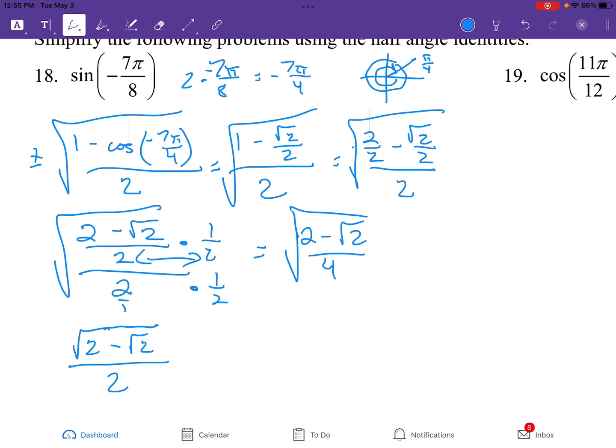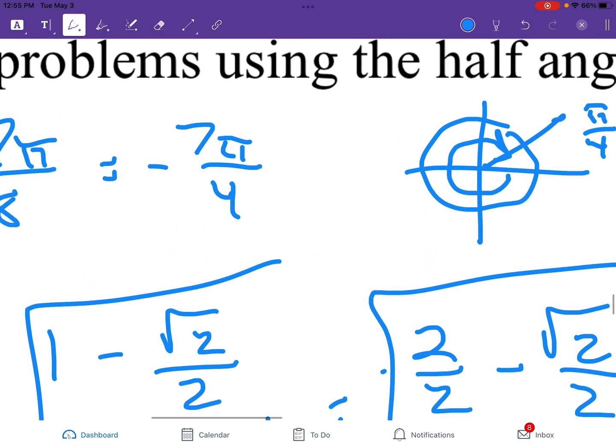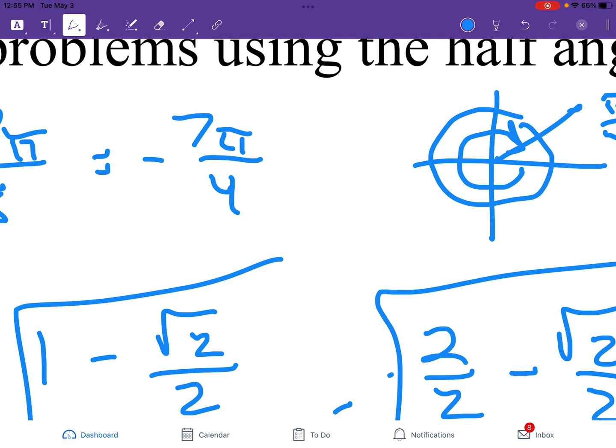If we think about where it is, half of the negative 7 pi over 4 is going to be someplace over here. Let's zoom in on our unit circle. We're looking for negative 7 pi over 8.